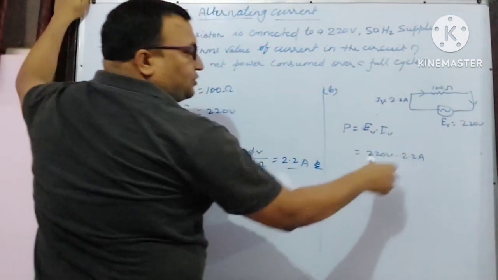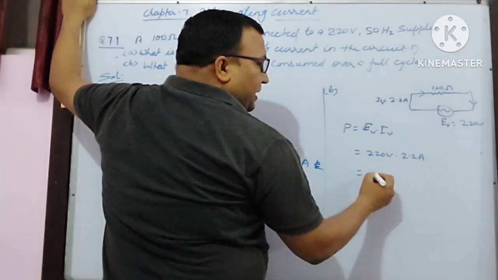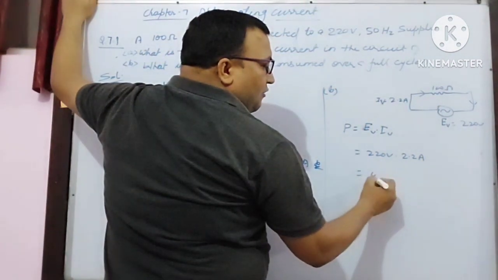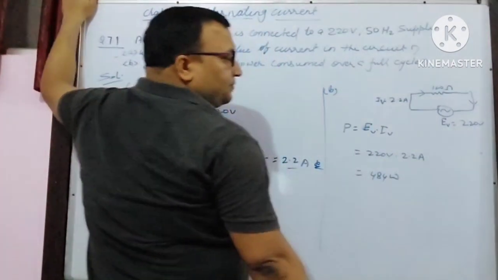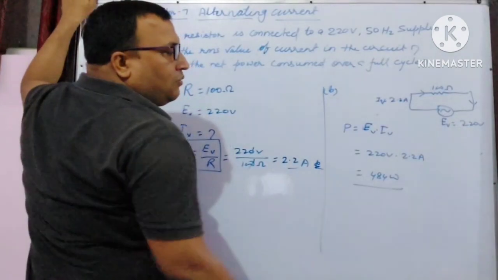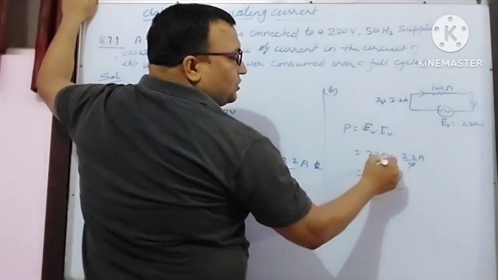When I multiply this, the result is 484, and the power unit is watt. What exactly did we do here? We removed the decimal, then 10 will come down, and the zeros cancel.